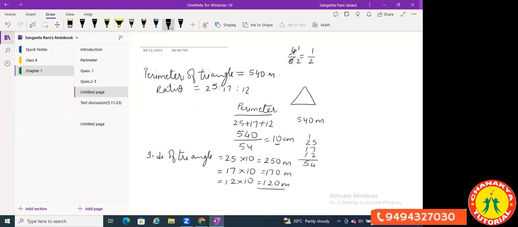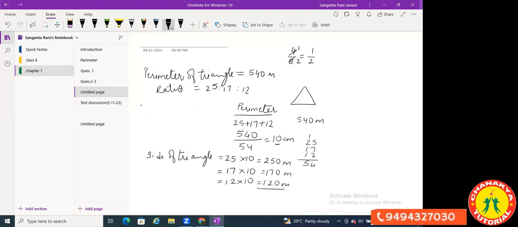When you say these are ratios, that means it's not the actual number. To find the actual number, we need to multiply it with some number. Like, you will be studying this in class 7th. So you just add up the ratios and divide by the perimeter, which is given.